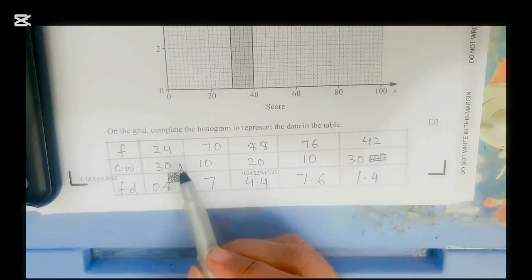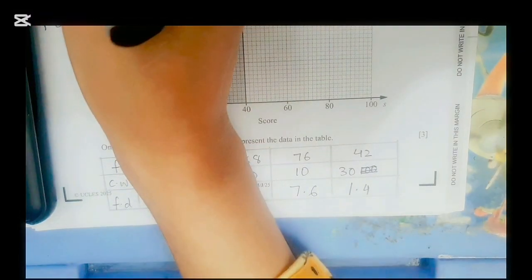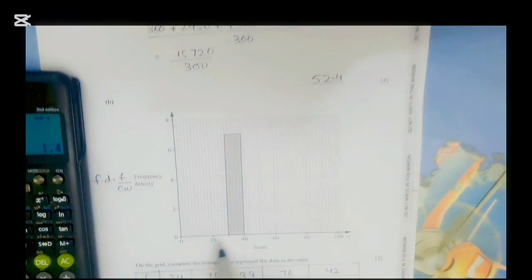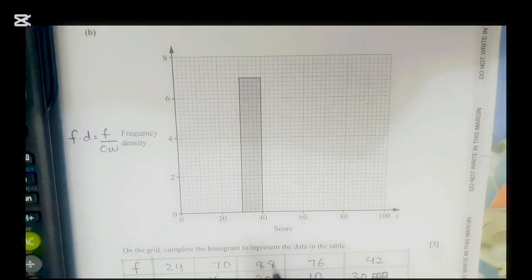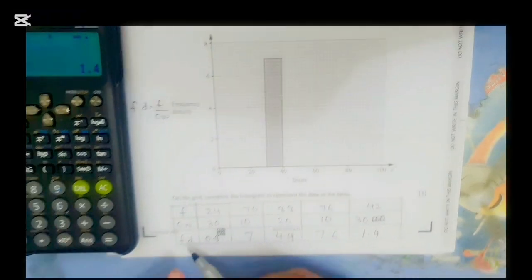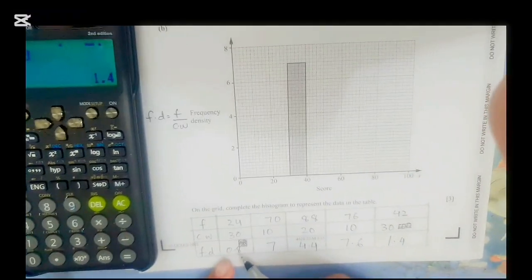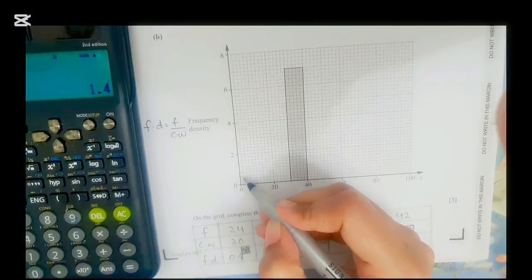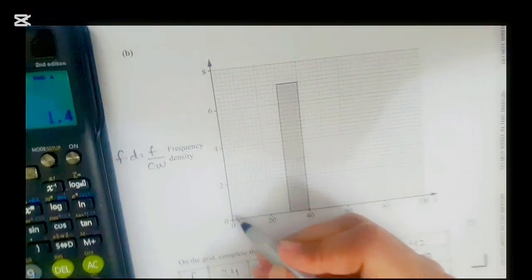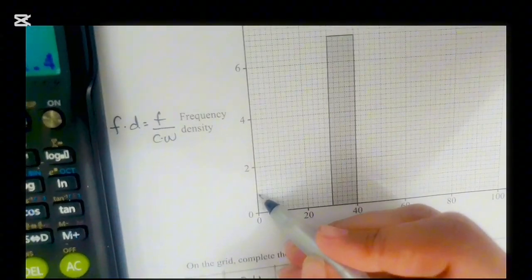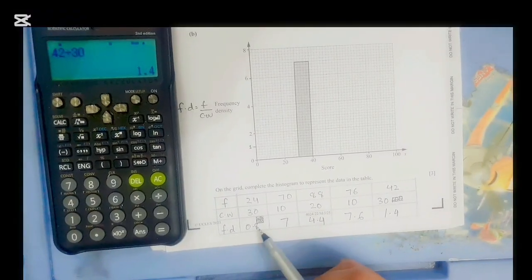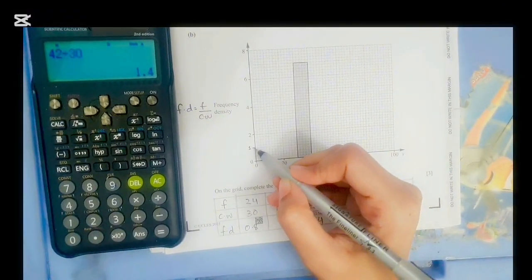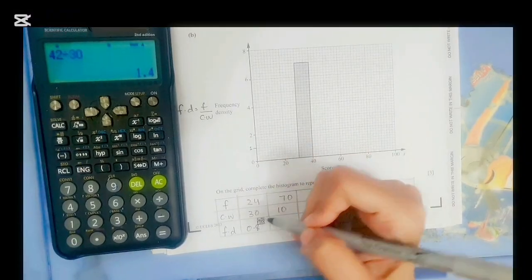Now we have to show this frequency on the histogram. So see over here, this is 0 to 30, and for this 0 to 30 we have to show the frequency density, which is 0.8. So see, 0.8 means, counting 1 2 3 4 5, 1 is over here and we have to use 0.8.